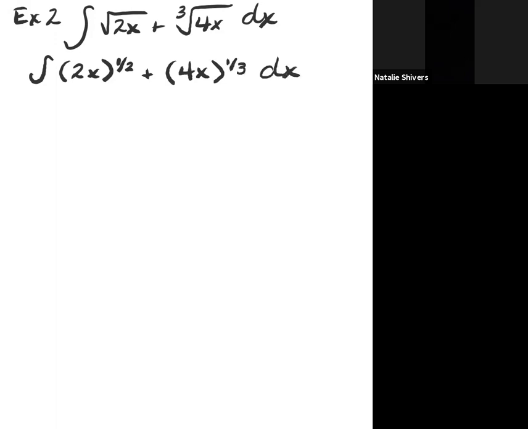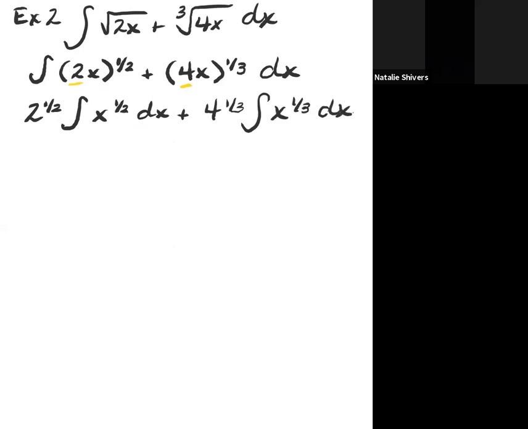Okay. And here's where I'm going to be able to pull this 2 and this 4 out using that scalar rule. Okay, so I'm going to rewrite this as 2 to the 1/2 integral x to the 1/2 dx plus 4 to the 1/3 integral x to the 1/3 dx.